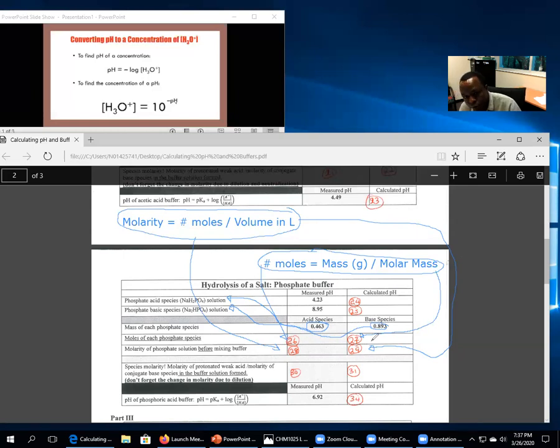What is the volume in liters of each one of them? What is the volume? Somebody just responded. Let's see.